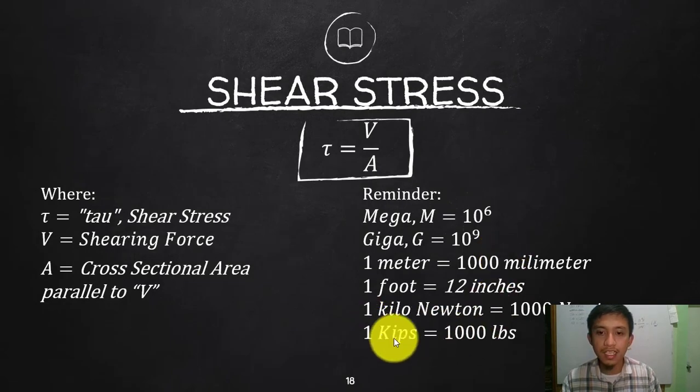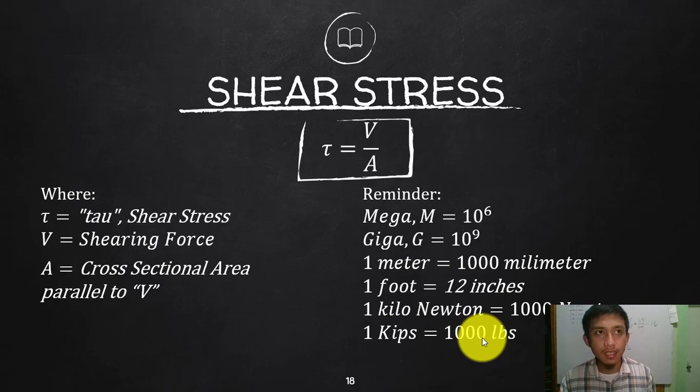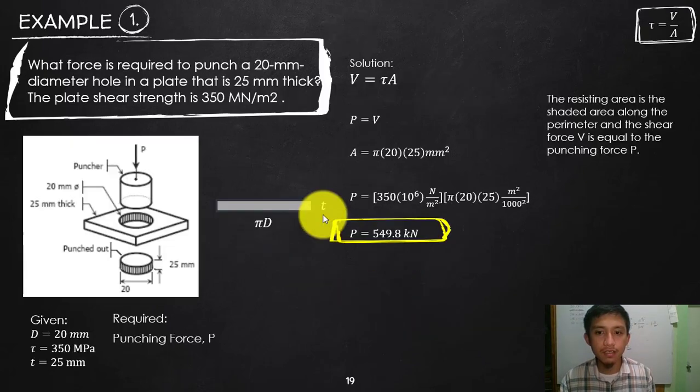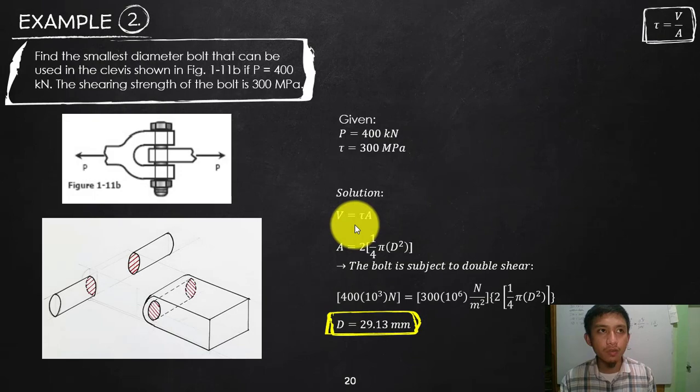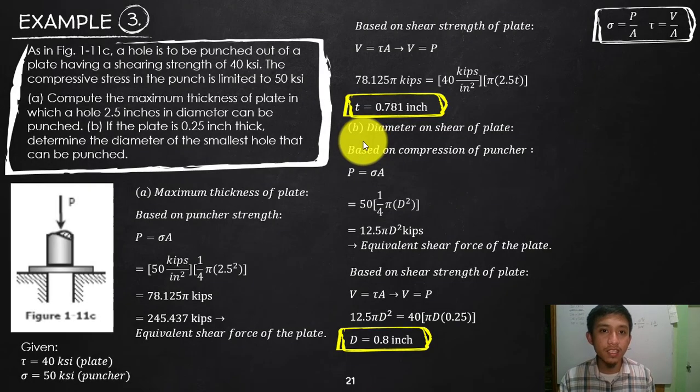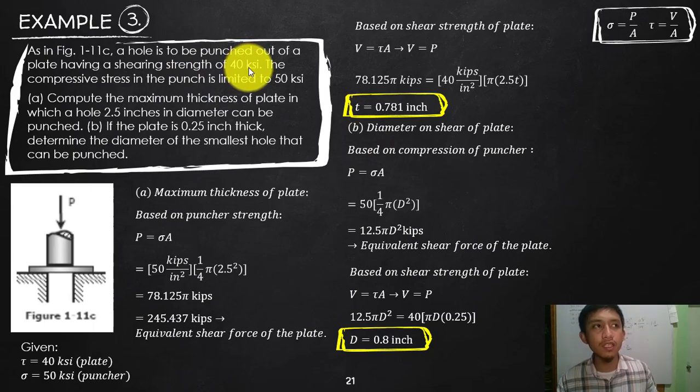KSI is kips per square inch. PSI is pounds per square inch. So that is the meaning of KSI and PSI. 1000 PSI is 1 KSI. So if you want to transform this one into pounds per square inch, that is 40,000.